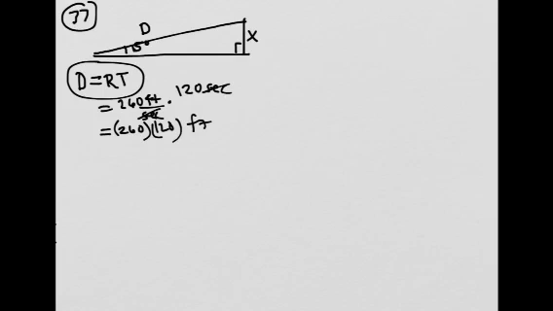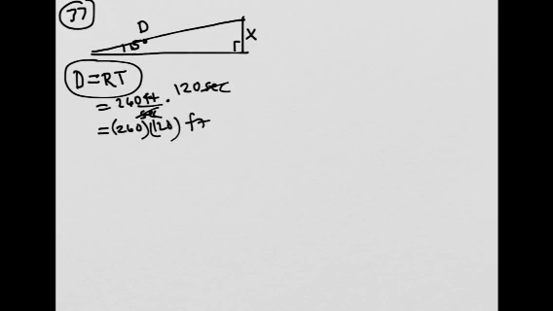So at that point, you want to know what x is, right? How high, what's the altitude of the plane? Well, I know d already, because after you multiply 260 and 120, you'll know d in feet. So I have angle 15, and the x is opposite to it, and d is the hypotenuse. So going back to SOHCAHTOA, that would be sine. So sine of 15 is opposite over the hypotenuse, which I'll put 260 times 120.